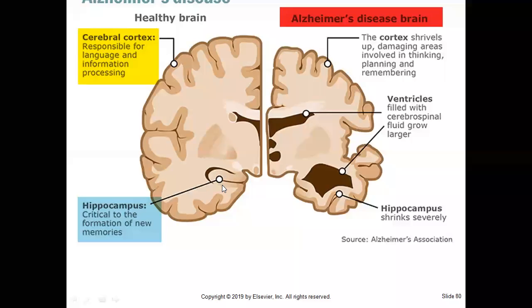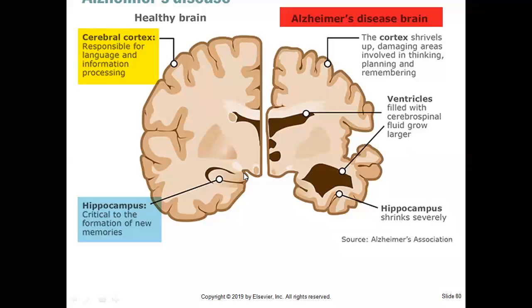And this area is called the hippocampus. It is critical to the formation of new memories.